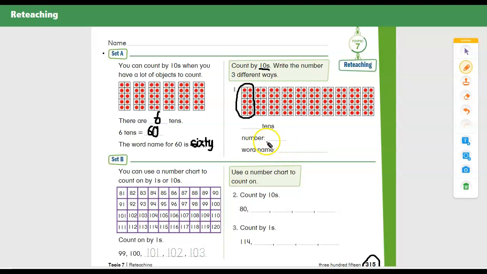The number that you write here in the blank, it wants you to write the word. If you put the number 1, it wants you to write the word one. If you counted 10, write the word ten in the blank for word name. You can pause the video at any time to work on these problems.